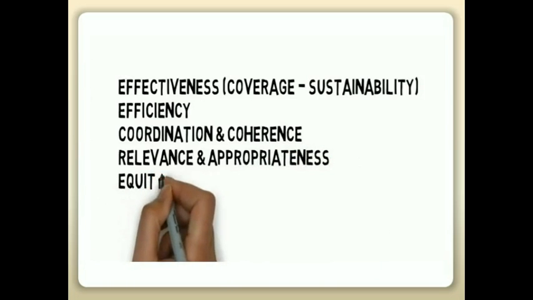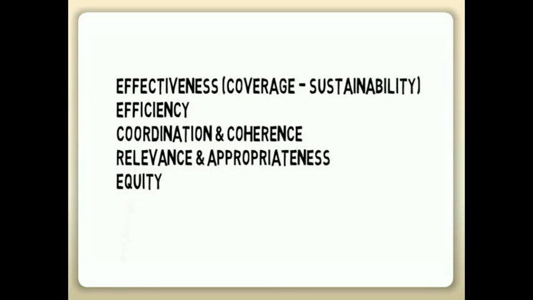We could measure the efficiency of releasing information to the public or across agencies, the coordination and coherence of information from multiple responding agencies, the relevance and appropriateness of the interventions being implemented with respect to saving lives and protecting properties, and the equity of access to resources or information across the population.